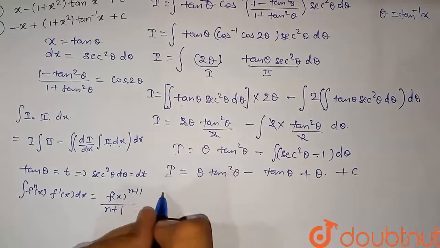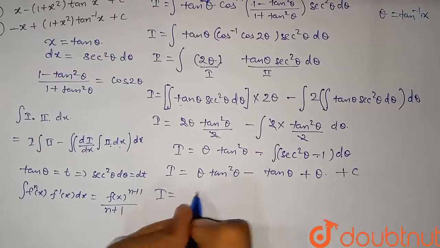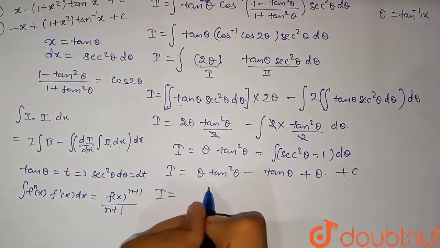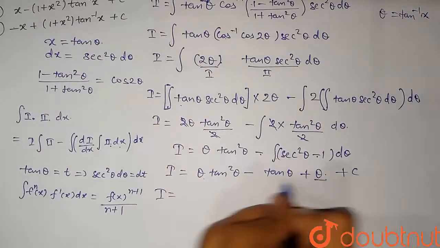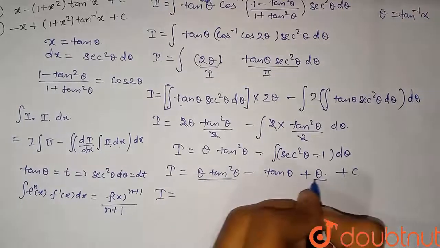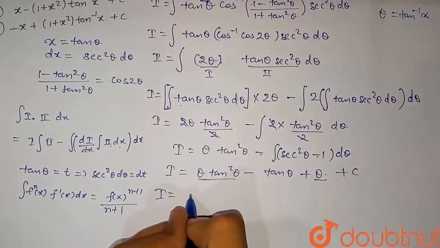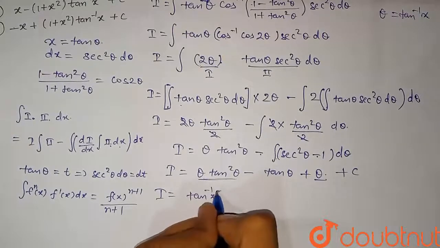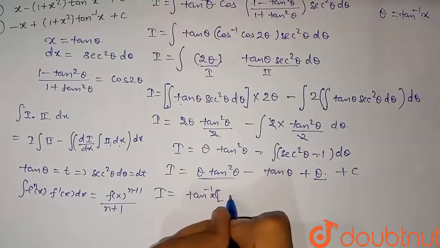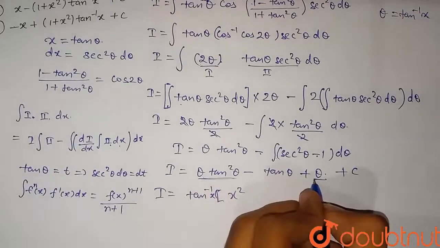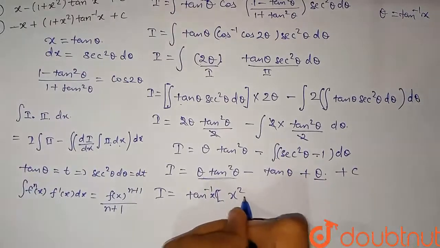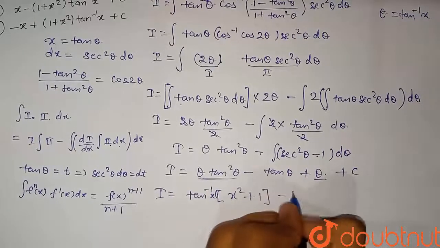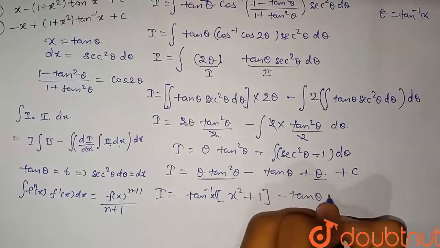So finally we get the answer like this: I equals theta, so it will be tan inverse x, and here theta also exists, so we take theta common, that is tan inverse x common. Here the term tan square theta will be x square, and theta is already common, so we write plus 1, and here minus tan theta, plus c.